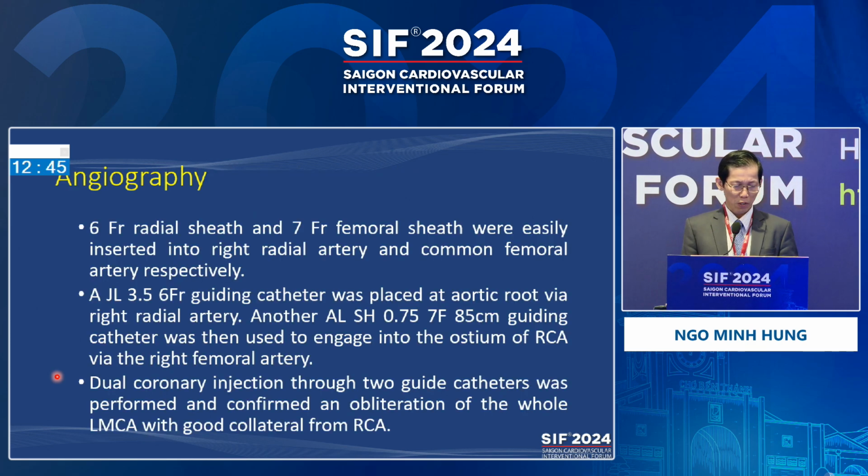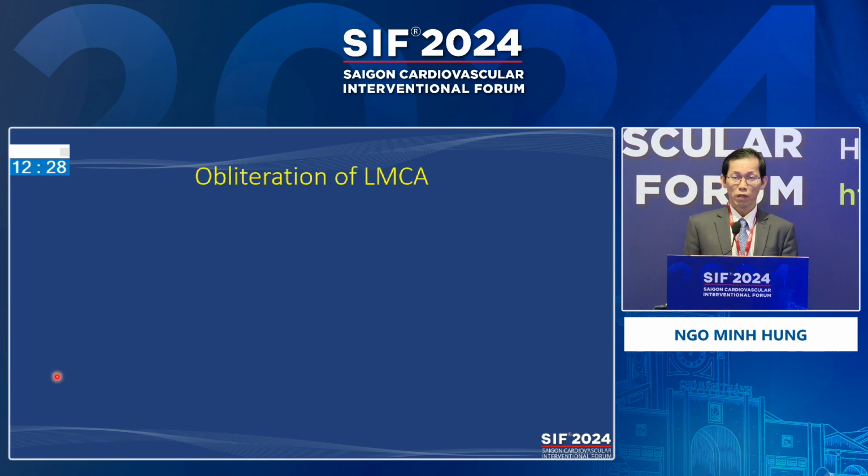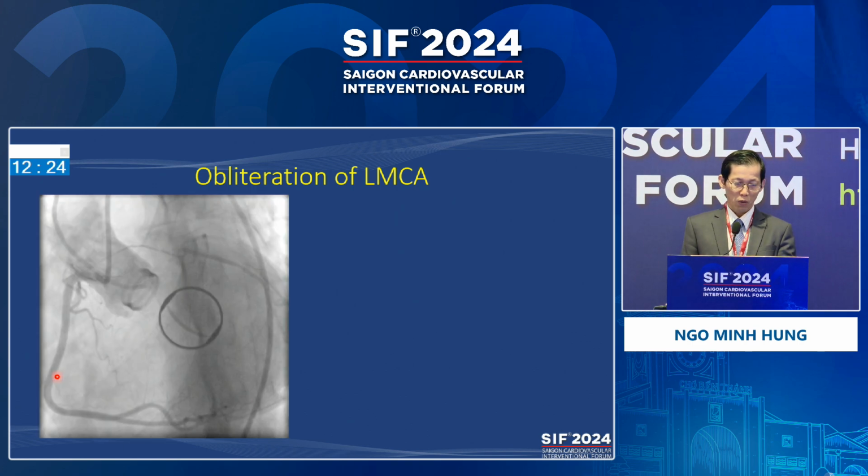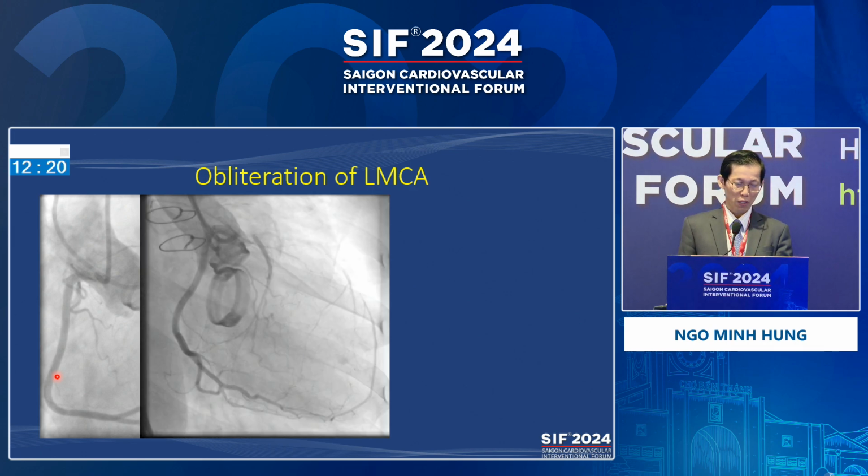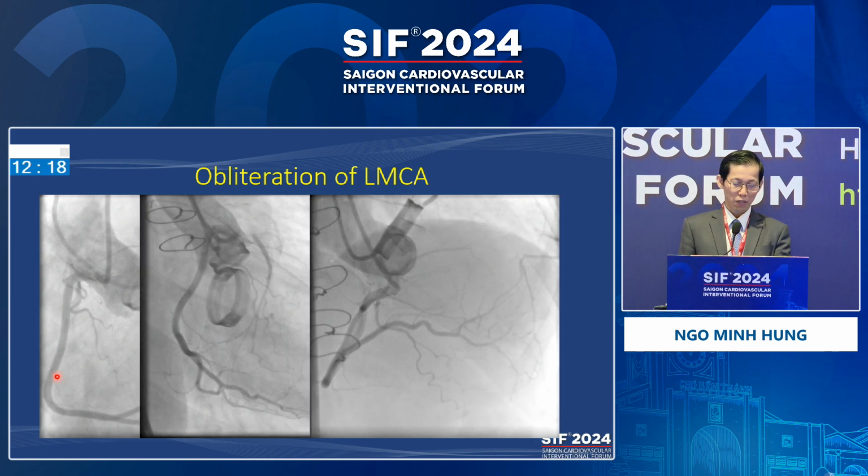At first we used the AL1 side hole 0.75, 85 centimeter, and dual injection again, to make sure the left main disappeared, because before that you are not convinced. The angio shows obliteration of the left main. Once again I did the dual injection, which showed they did it right.